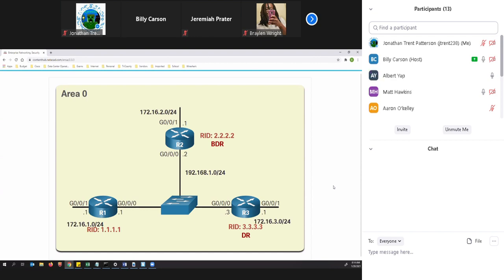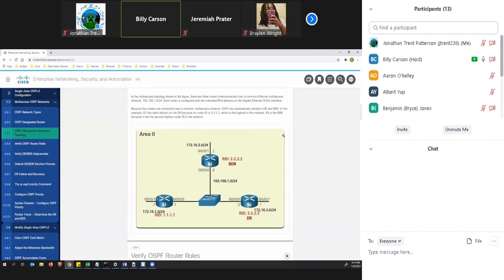The router ID. That's exactly right. So the first thing it does is it looks at the priority, 0 to 255, but 1 is the default. If everybody's 1, the next thing it looks at is the router ID. It picks the highest router ID. Okay, you're the designated router, and then the next highest is going to be the BDR. Exactly.